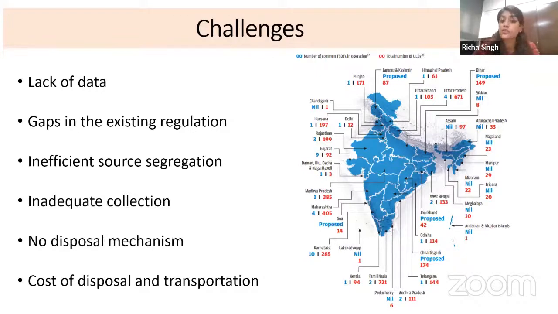There is insufficient source segregation happening. We have already discussed it. The cities are still struggling to achieve two-way and three-way segregation. So they are least bothered about the quantity of domestic hazardous waste generated in their city, and that is why they are not promoting source segregation of domestic hazardous waste.